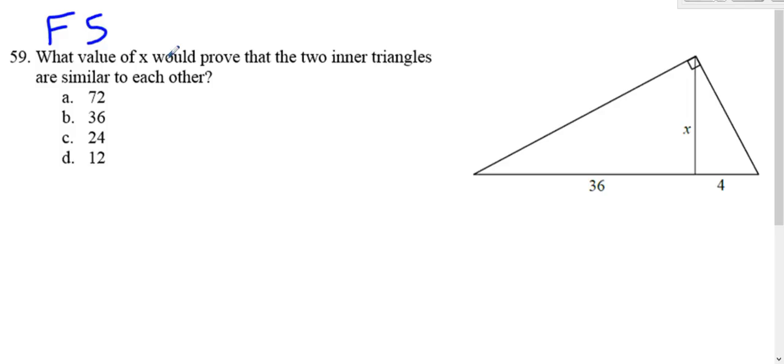What value of x would prove the two inner triangles are similar to each other? This is called the geometric mean, when that middle segment squared equals the two pieces multiplied together.